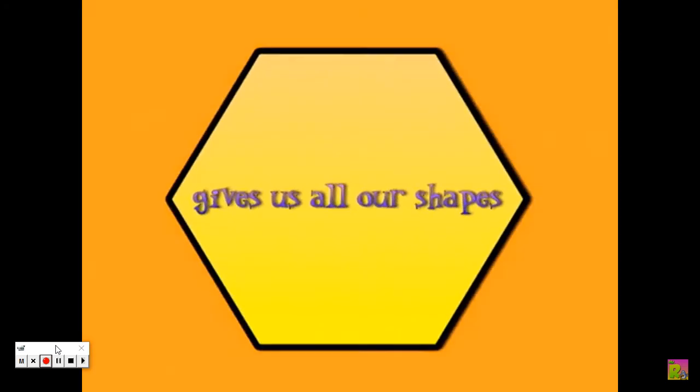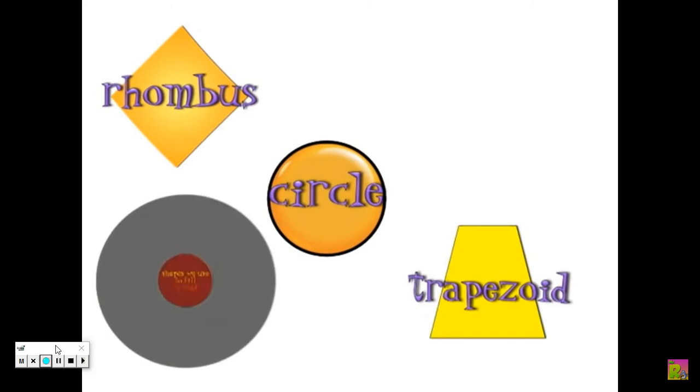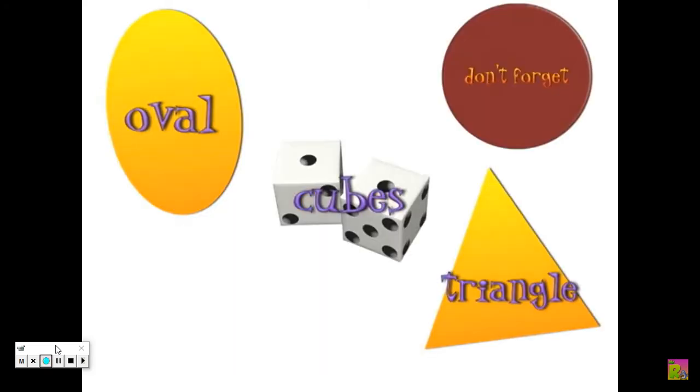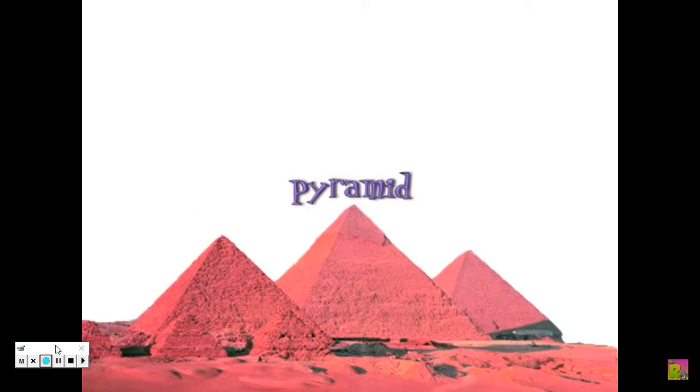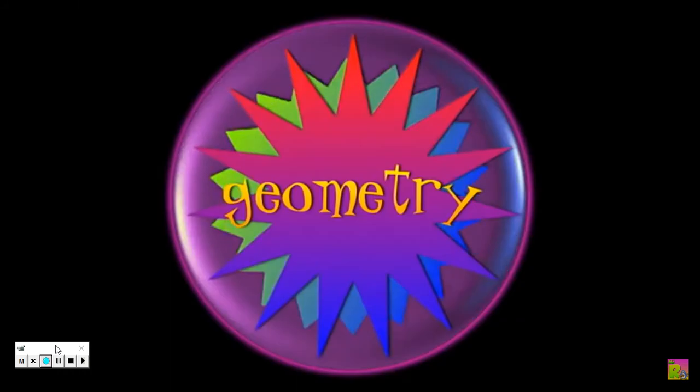Now geometry gives us all our shapes. Geometry, trapezoid, geometry, fill a void. Oval gives us all our shapes. Don't forget the rectangle, spiral, angle, true star, wedge, even shapes that have no edge. Pyramid gives us all our geometry. Geometry is who I am. It gives us all our shapes, you see.